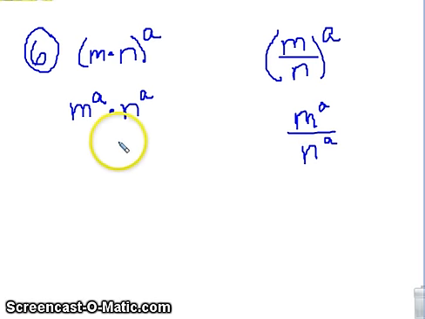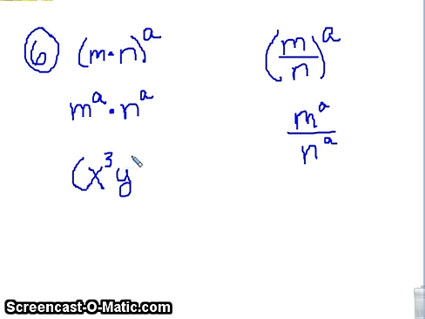Now let's do something that makes a little more sense. If I have x to the 3rd, y to the 7th, and I'm going to raise that to the 4th power. Raising a power to a power, we multiply. So we get x to the 12th, y to the 28th.